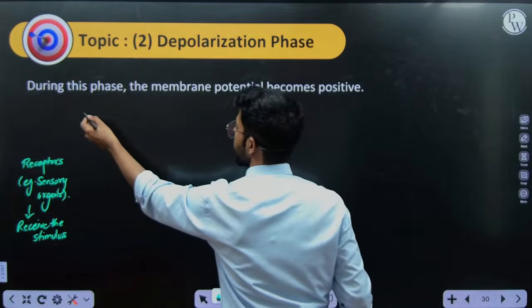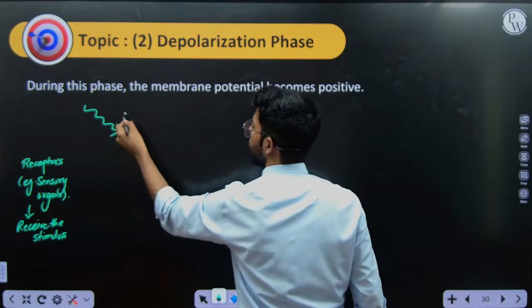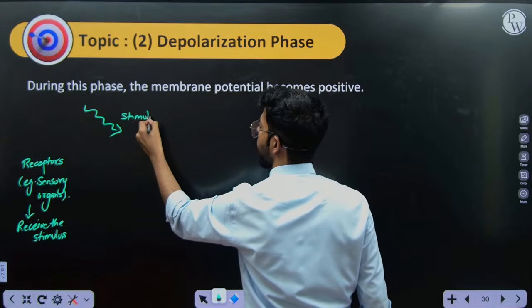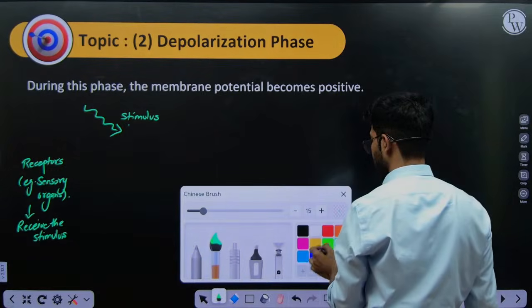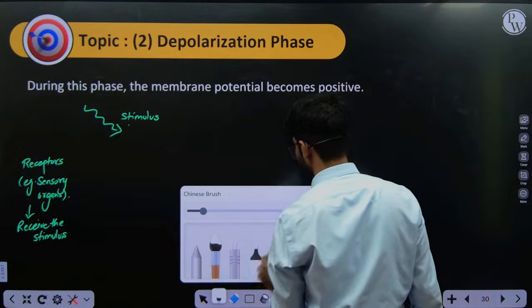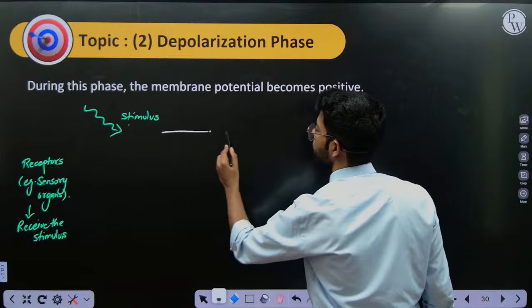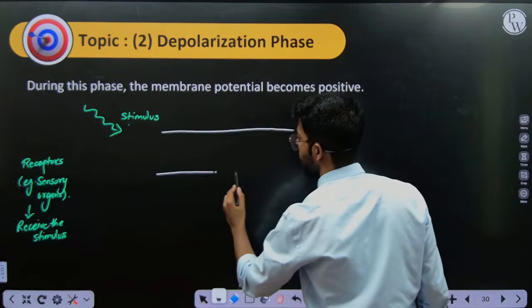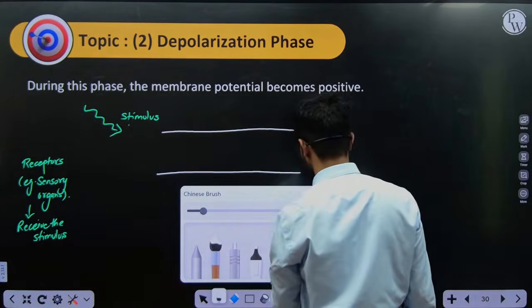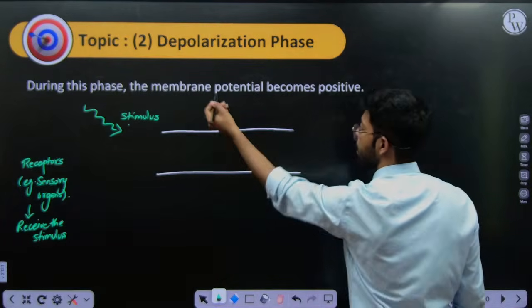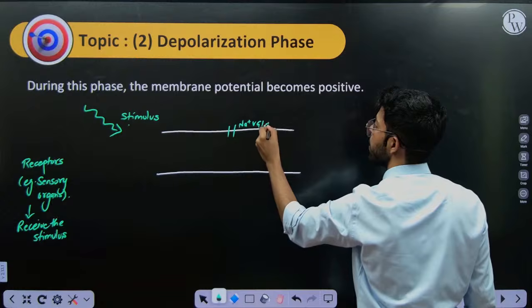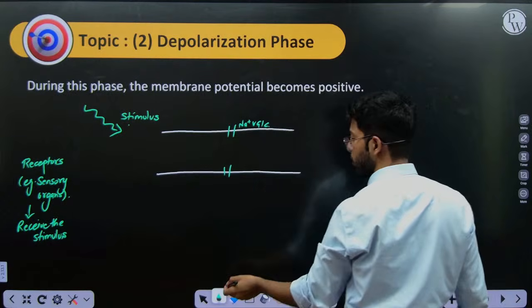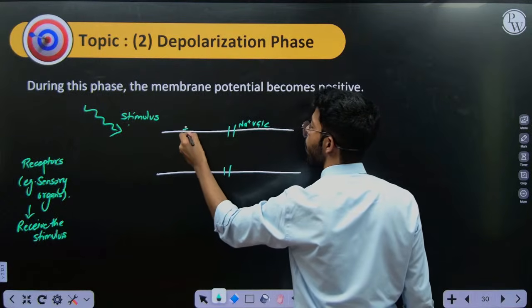So when there is a stimulus, there are sodium ion VGICs present.